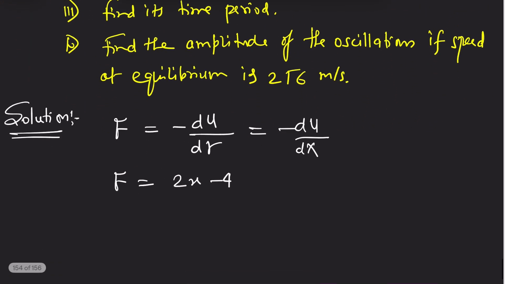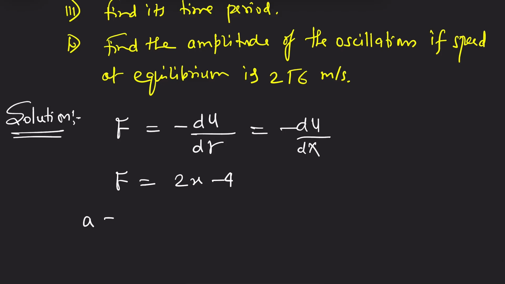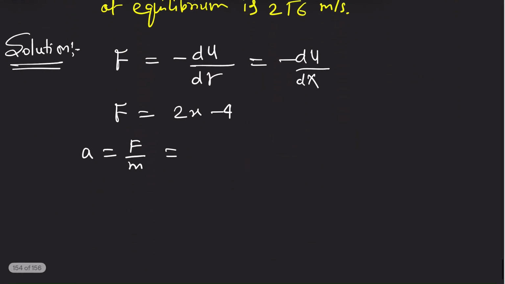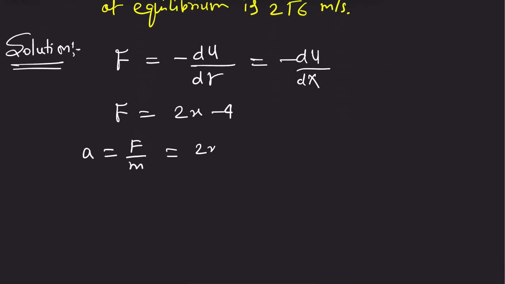So if we write, guys, a is equal to F by m, and it is a unit mass, so we can directly write that this is equal to 2x minus 4. If I take 2 common, it will become x minus 2. Sorry, here I have missed the minus sign, so this will be minus.